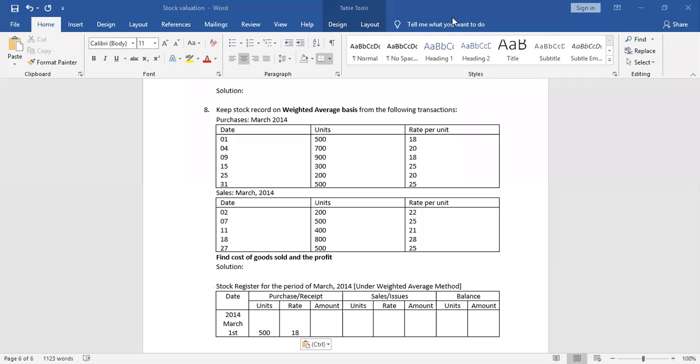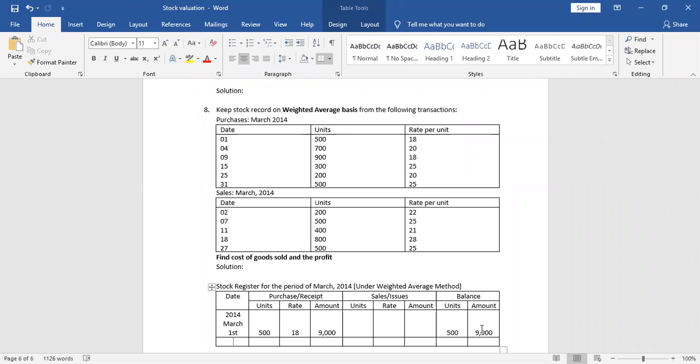So multiply and tell me what amount you are getting. 9,000. So we will directly go to the balance and write down units as 500 and amount is 9,000. We don't want the rate. So the transaction of 1st March is done.